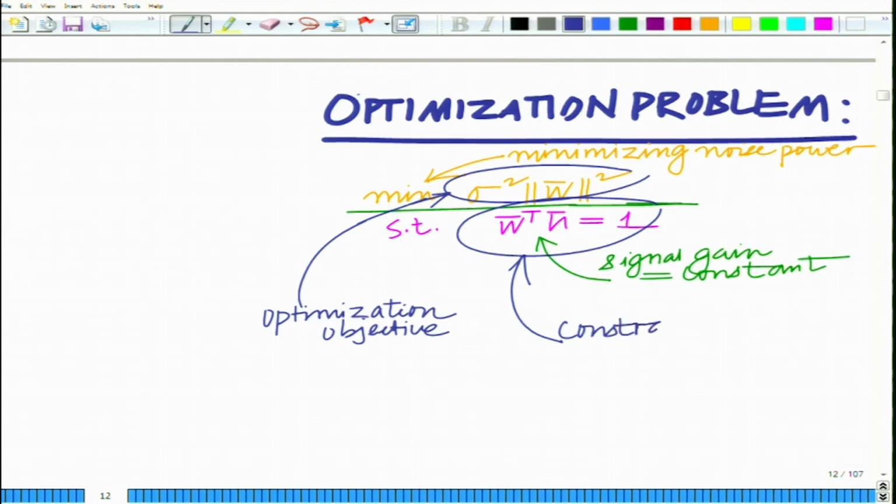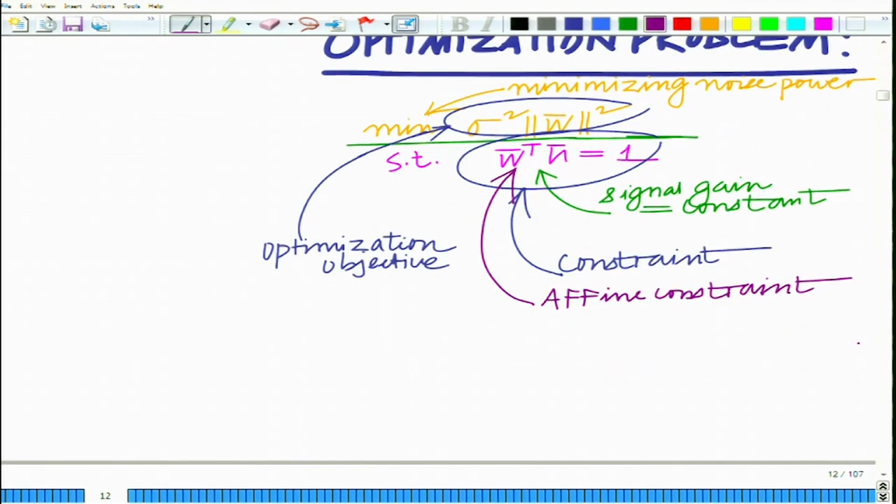This is termed a constraint, or in fact you can have more than one constraint. Okay. And this constraint is an affine constraint, it is an affine equality constraint.